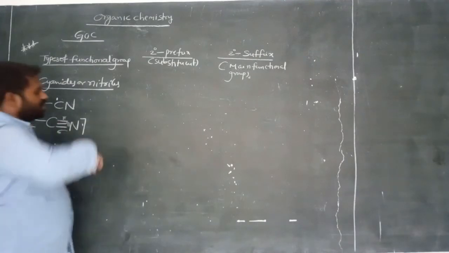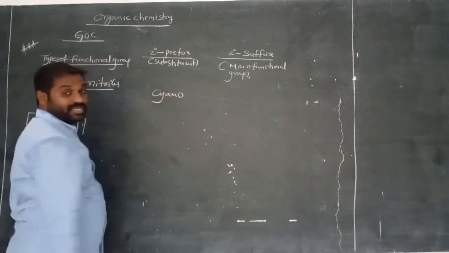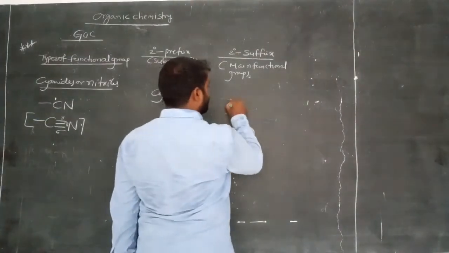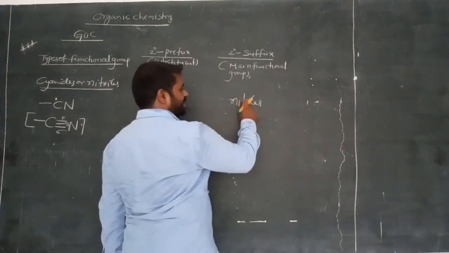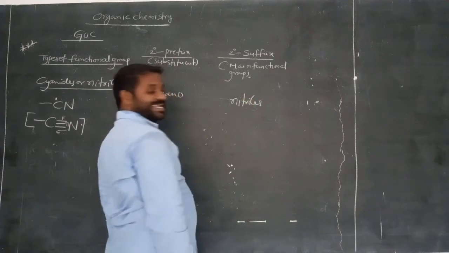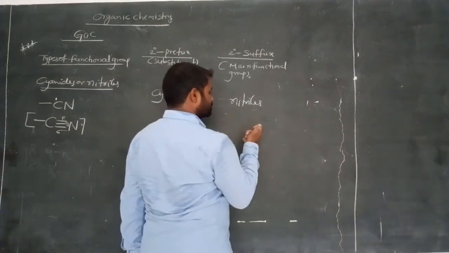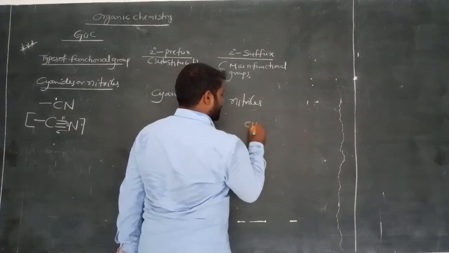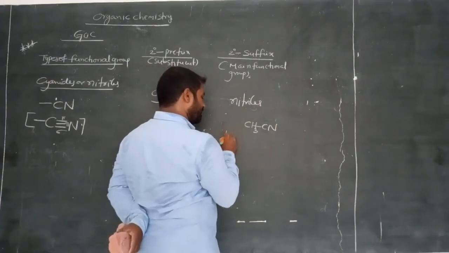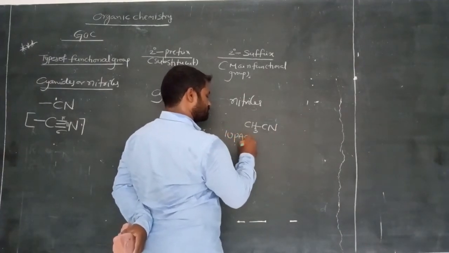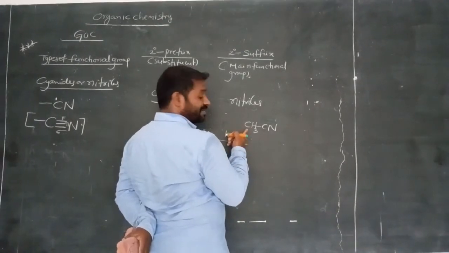Cyanides. So now, as a substituent we call it cyano. Okay. As the main functional group we call it nitriles. Okay. Take an example regarding this. CH3 bond CN. IUPAC name is: how many carbons there we have?